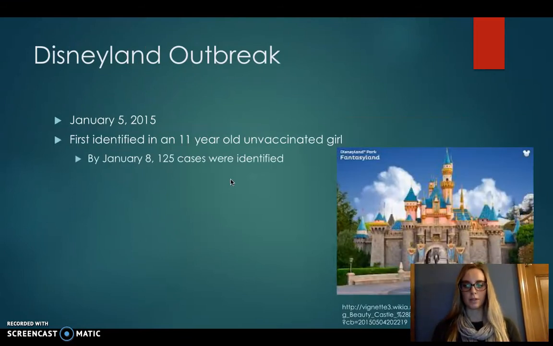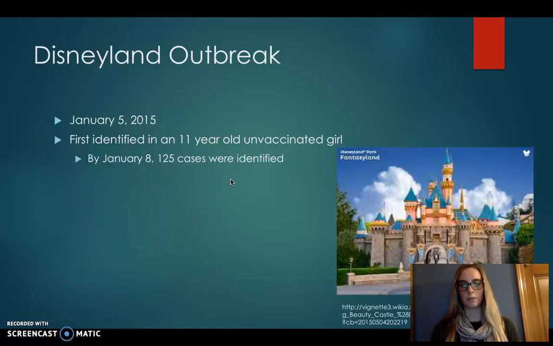One recent outbreak of measles happened on January 5th, 2015, when an 11-year-old unvaccinated girl went to the hospital in California, and it was determined that she had measles. And about 3 days later, 125 people had developed measles, and one thing that they had in common was they had all been to Disneyland within the past few days, and so it was in Disneyland that they developed measles.